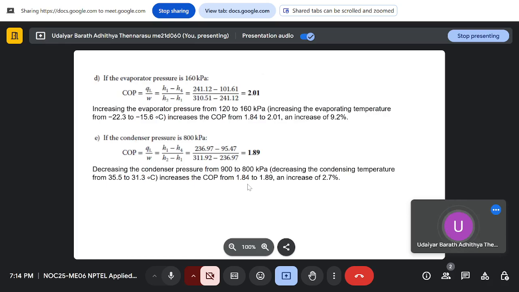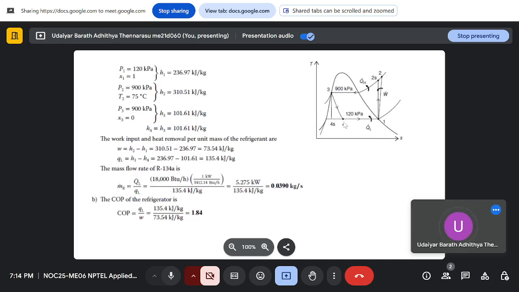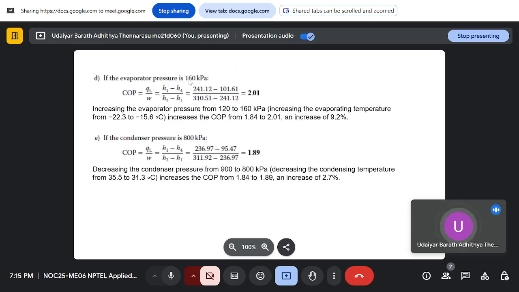So next, the evaporator pressure is 160 kilopascal instead of 120 kilopascal. In that case your H4 and H1 will change, and so will the COP value, since H2 and H1 change. Finding the new values, H1 will be 241.12 and H2 will be 310.51.